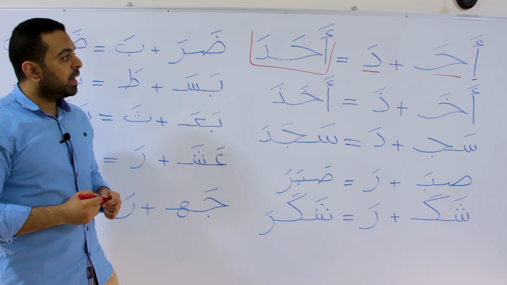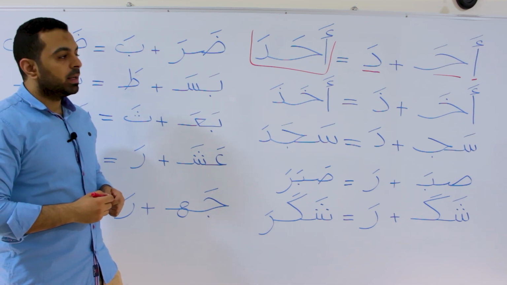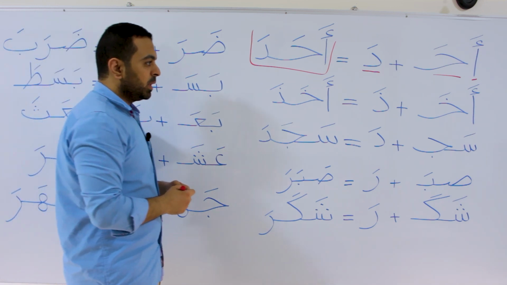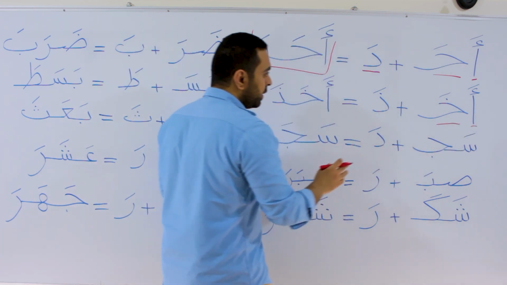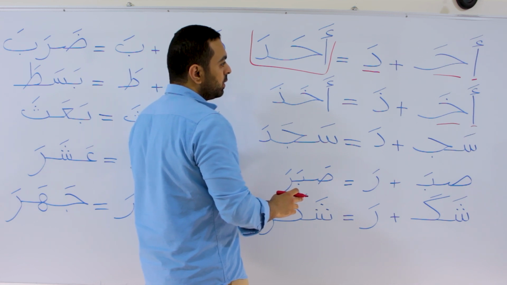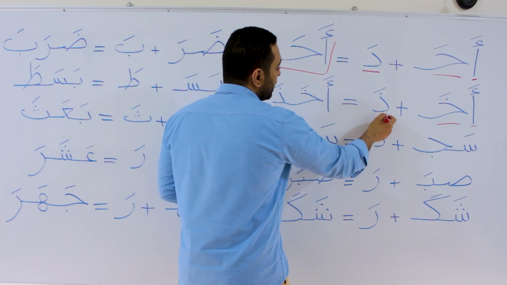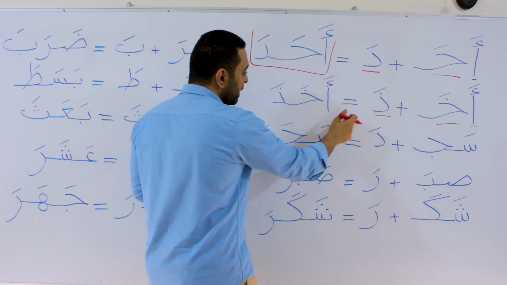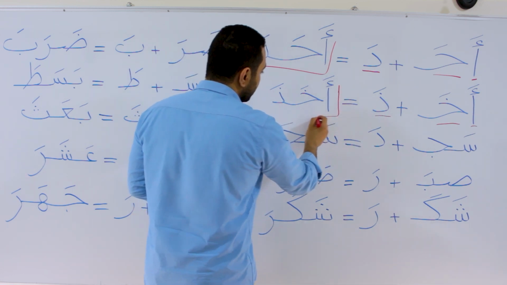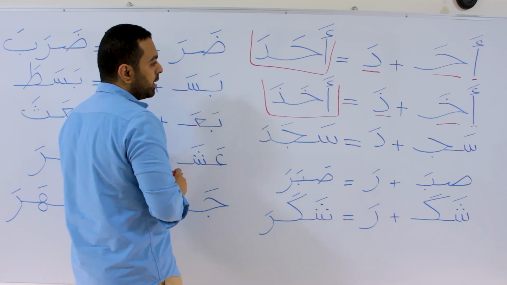A, ha, da, ahada. Next, if I have a and kha together, akha. Now, this one is za. So akha and then za, so that will give us akhaza.